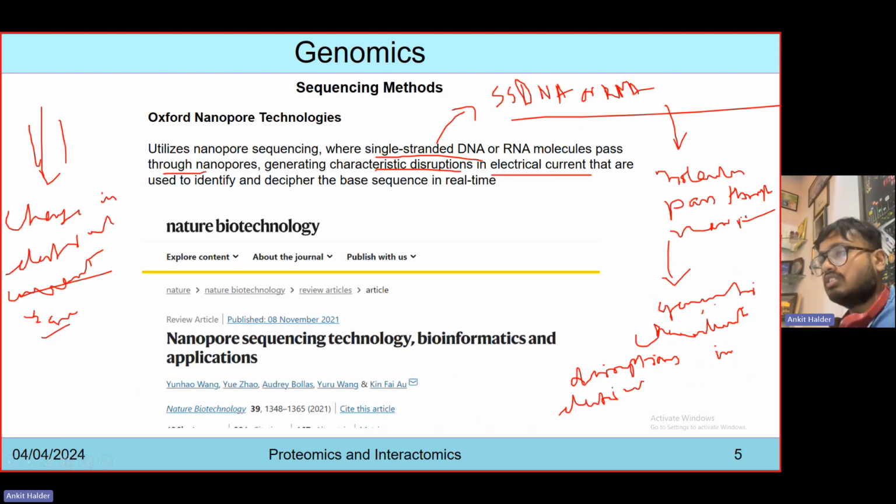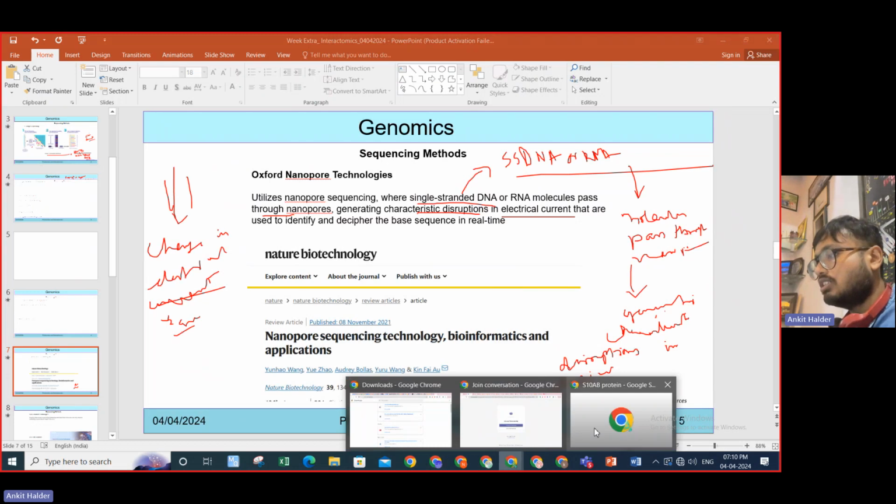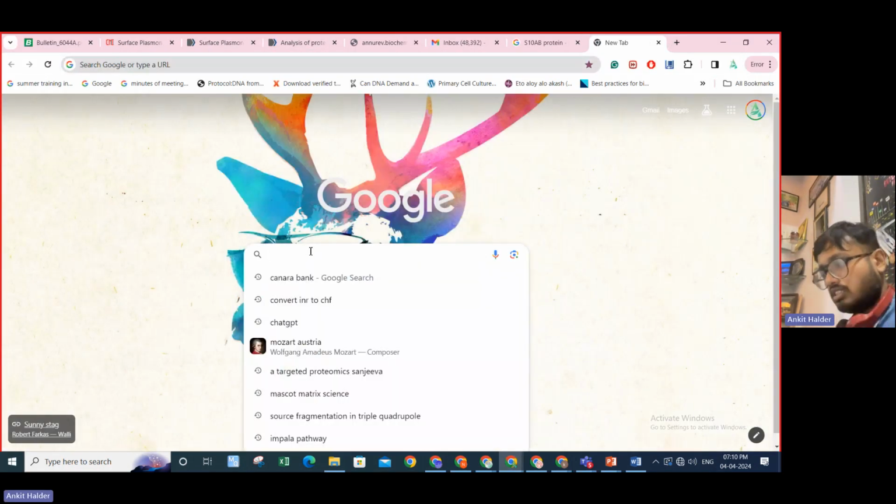So let us now look at this paper to get a hands-on feel about this particular new technology.